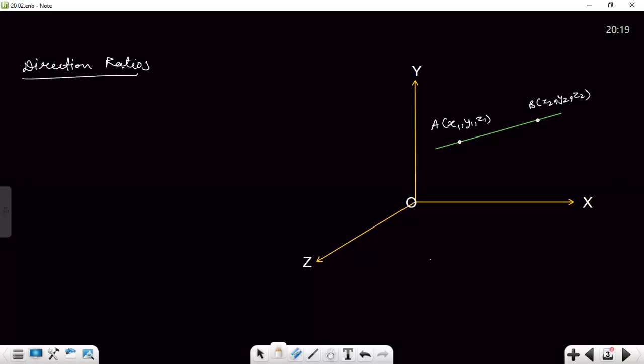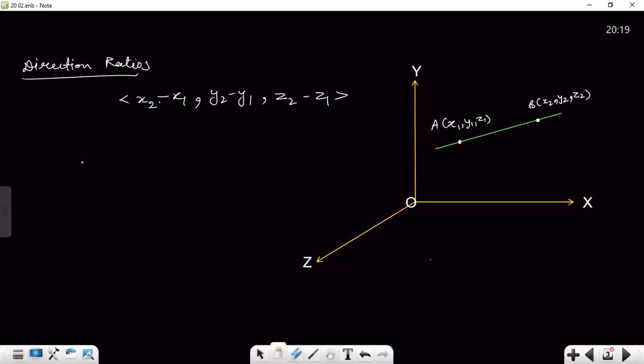The coefficients will be the direction ratios. So direction ratios are simply x2 minus x1, y2 minus y1, z2 minus z1. These are the direction ratios.